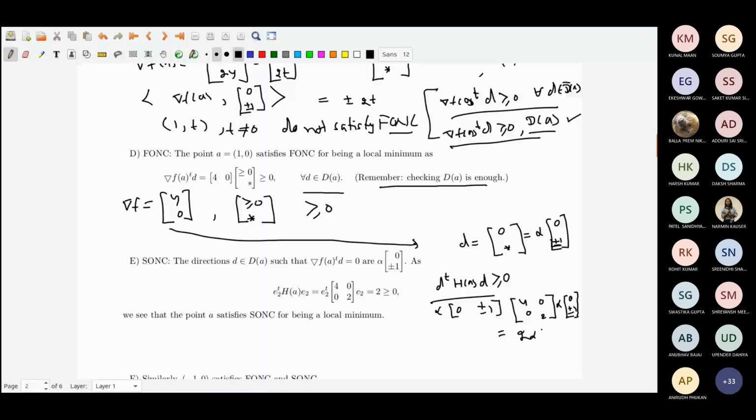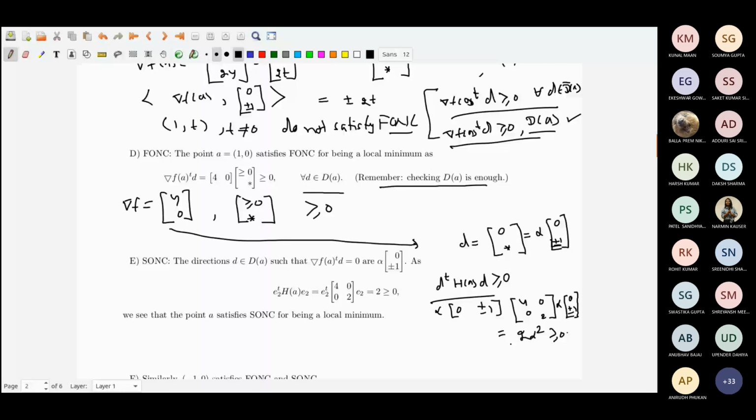So that's okay. Therefore it satisfies the second order necessary condition. Had it failed, I would have said, oh no, this is also not the correct point, but it is satisfying.